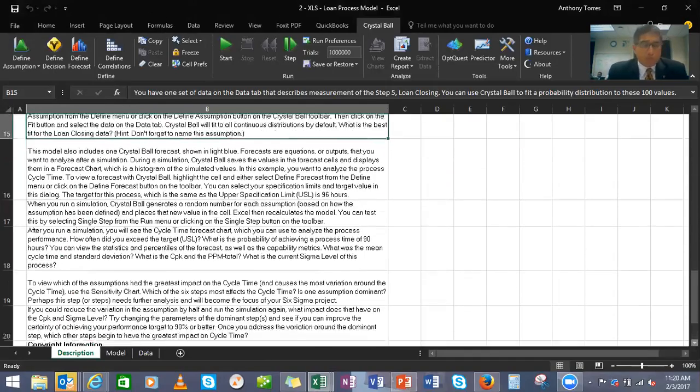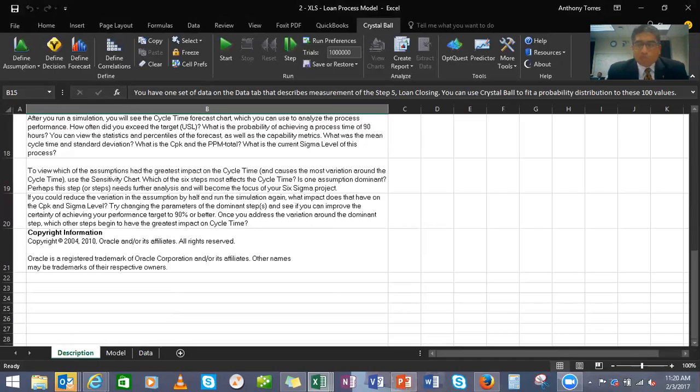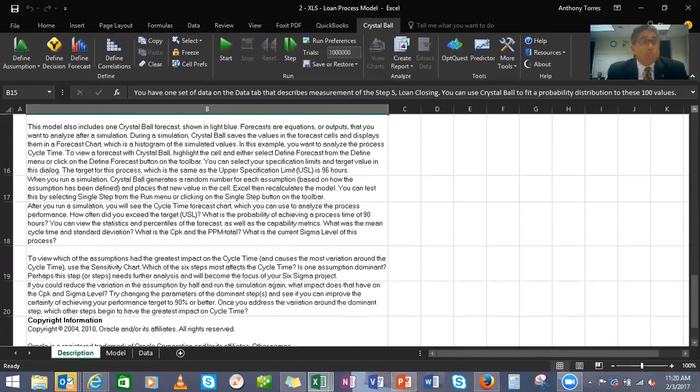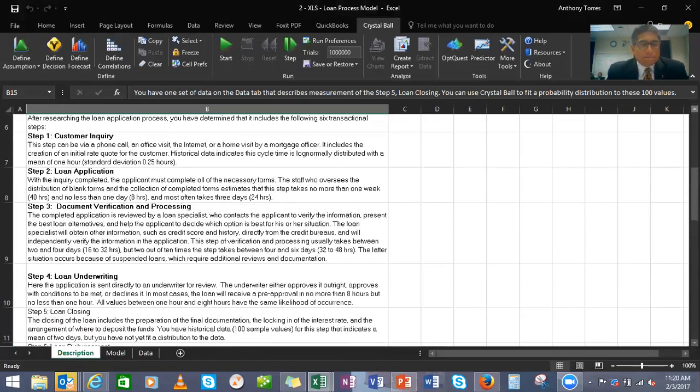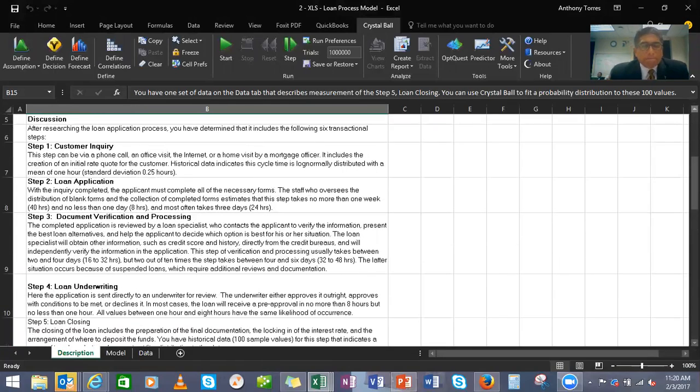So what this is saying is reasonable values for this are 16 to 32, somewhere in here. This is that 16 to 32. Or 32 to 48.